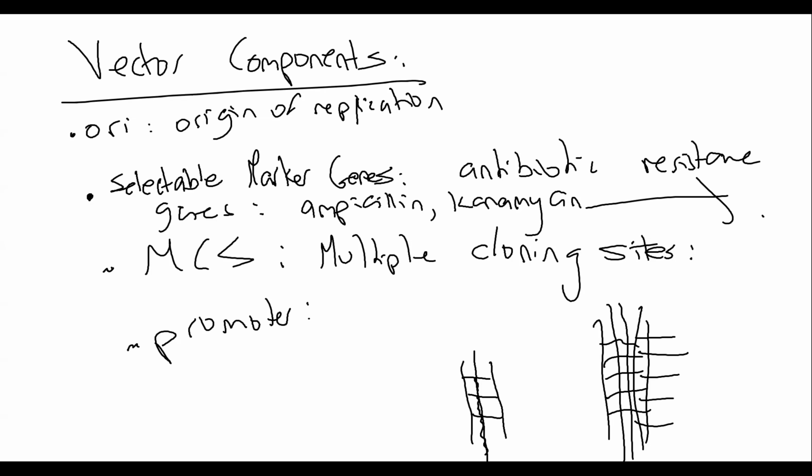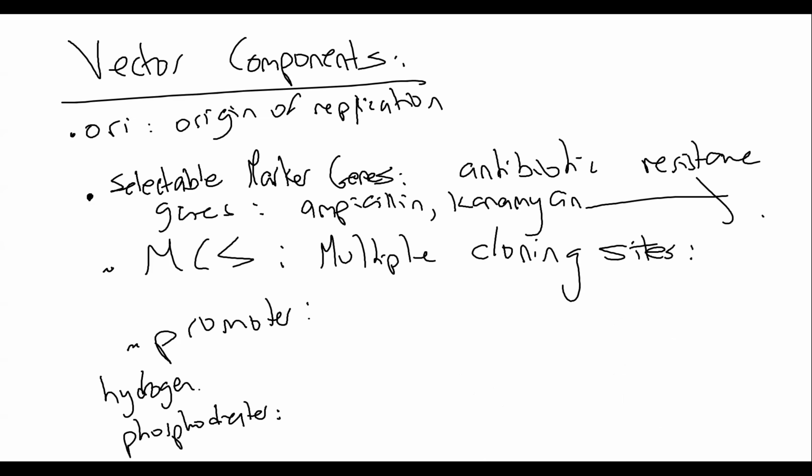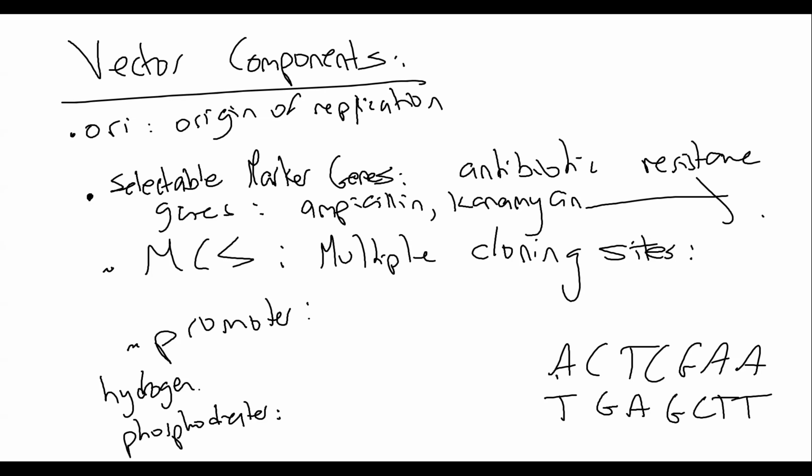In the DNA, we have two kinds of bonds, okay? We have the hydrogen bonds and we have the phosphodiester bonds. Let me try to write a sequence of nitrogenous bases to see how it cuts. Let's say we have A, C, T, C, G, A, and here T, G, A, G, C, T. Between them we have two or three hydrogen bonds.